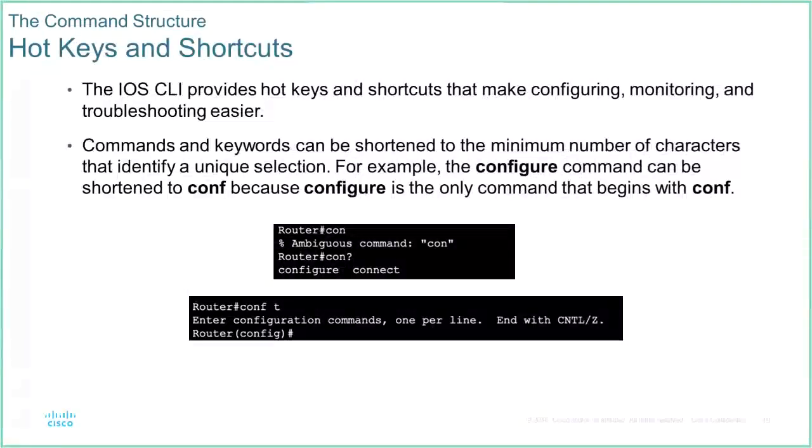Hotkeys and shortcuts are used throughout operating systems in this environment, and what you need to type in for a shortcut to work is enough letters for it to become a unique command. So in the example here, we have con, which is ambiguous because it can be configure or connect.